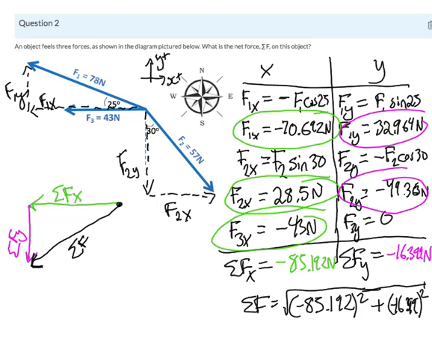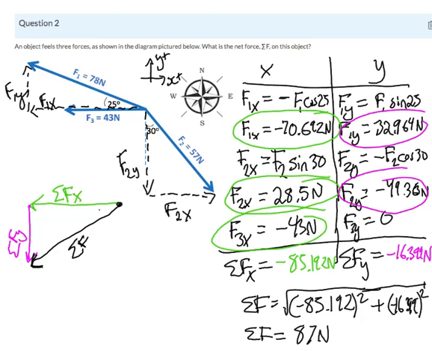So we add those together, square that, square the other one, add them together, square root the whole thing, and you get a net force of 86.7. Now actually, let's just check our sig figs here. It looks like we only have 2, so let's round that off. 87 newtons.